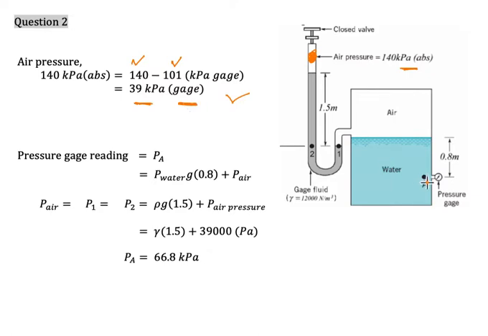To calculate the pressure at point A here, we need to calculate the rho g h of water until this level.